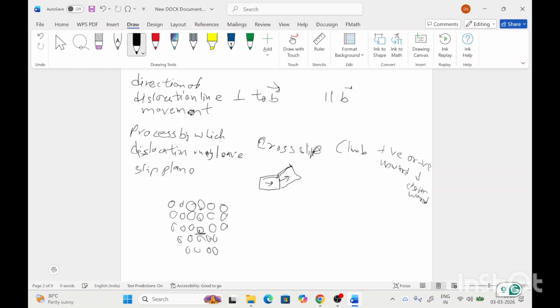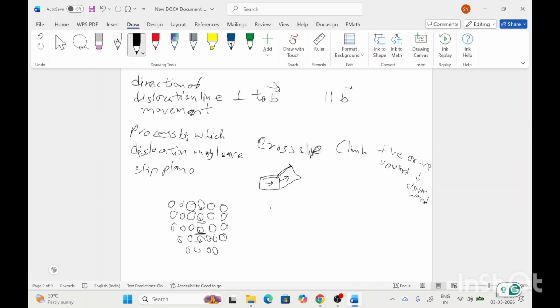If we remove an atom from this half plane, the extra half plane will climb in the upward direction. If we add an atom below this point, the motion of the climb is downward. This is called the downward climb.